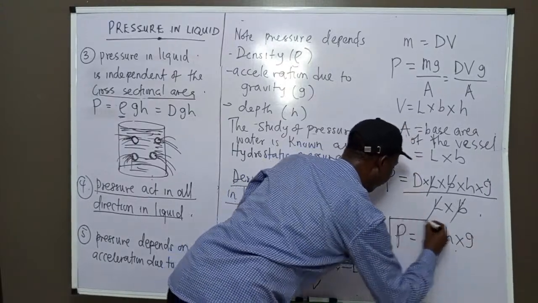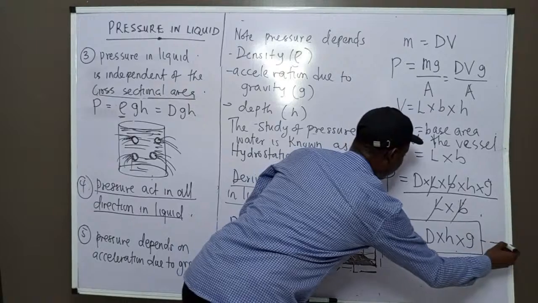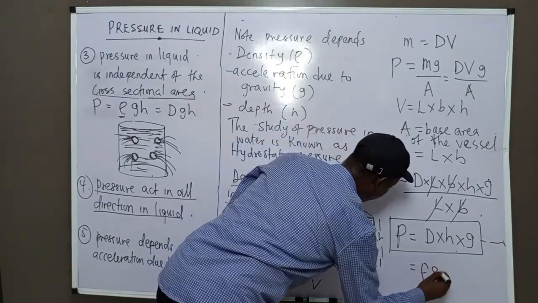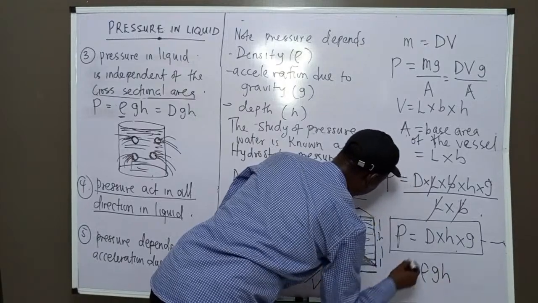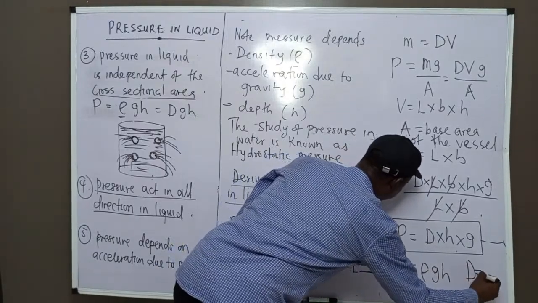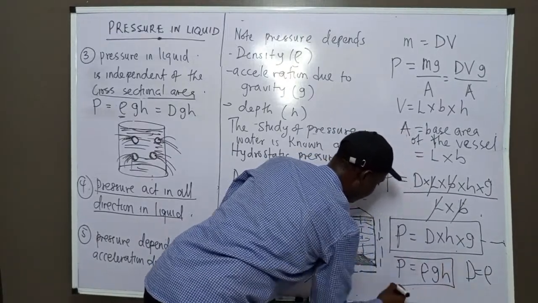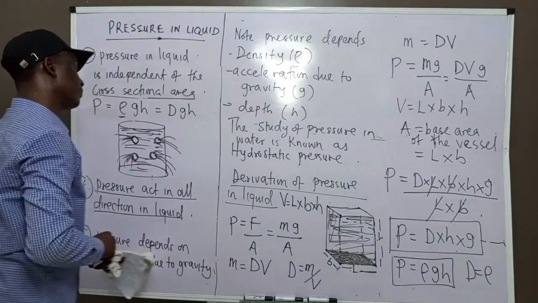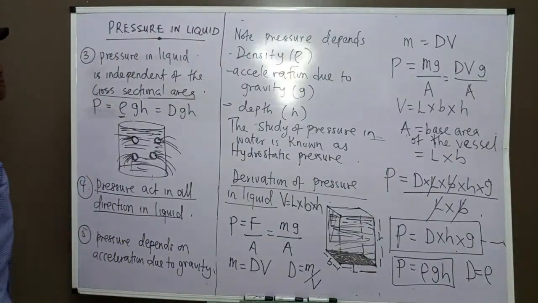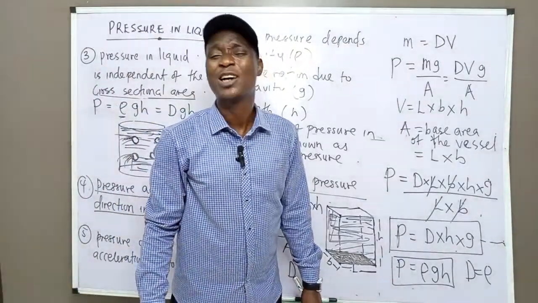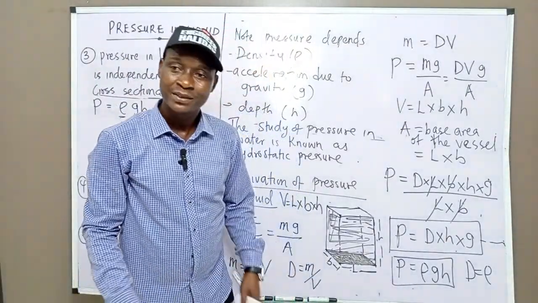Please take note of this formula which I have given. That means what we call rho g h. The same thing: they can use rho instead of using D for density. So if they give you relative density, which is specific gravity, you can convert it to density and use it to solve.